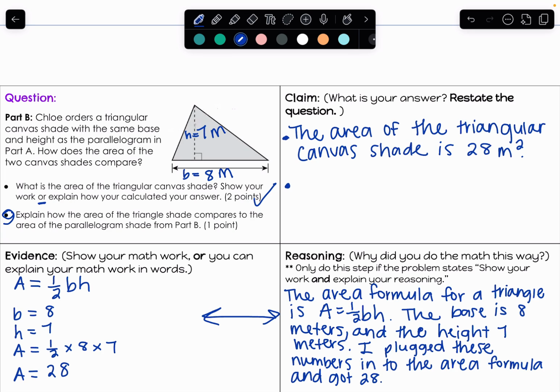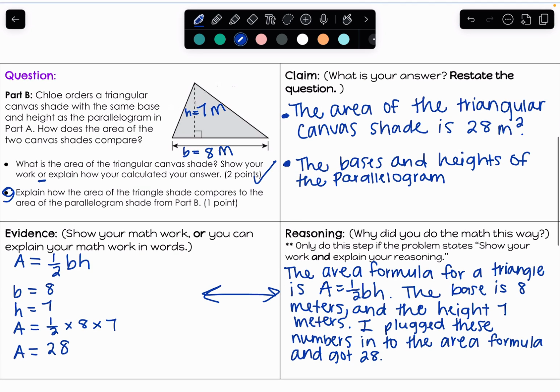So this is question 1. This is question 2 right here. The bases and heights of the parallelogram and triangle shades are the same.